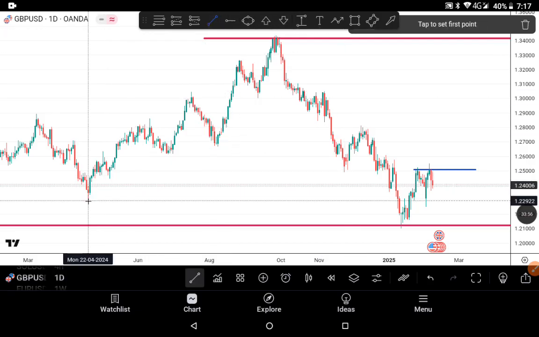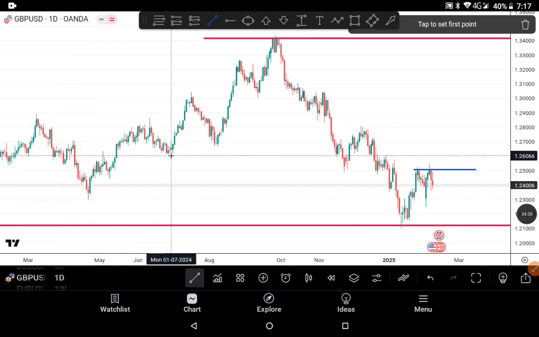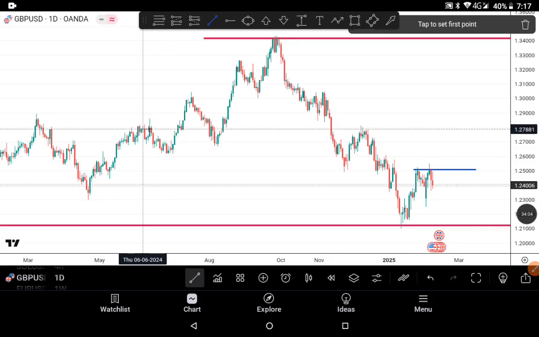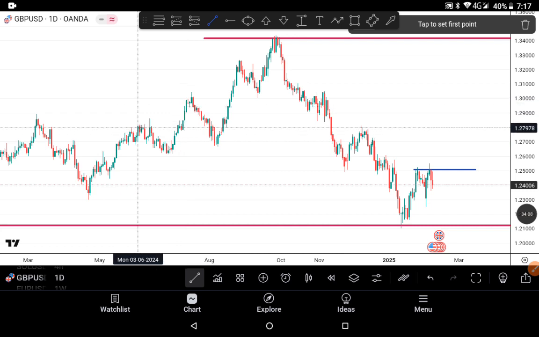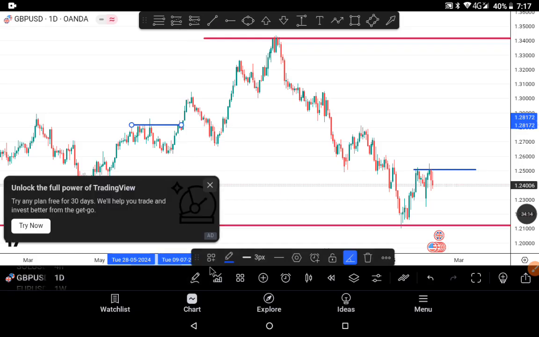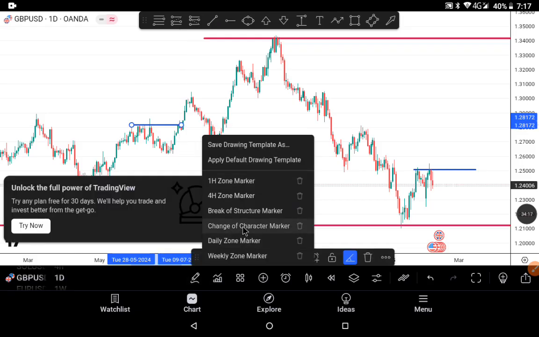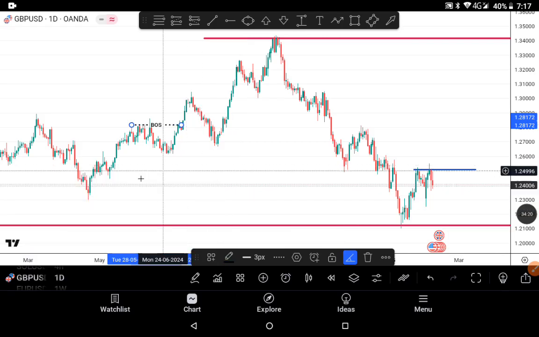As you can see, from this low, the market moved up, gave us this correction, gave us a new low, and the market pushed from this low, from this support, and broke above this level. So here we have what? A break of structure. And what does the break of structure do for us? It gives us an indication that the market will continue in its dominant trend.